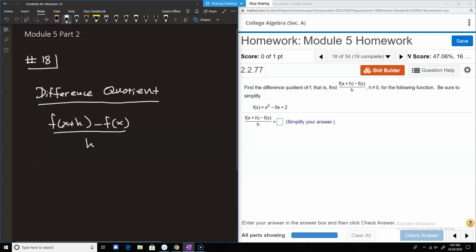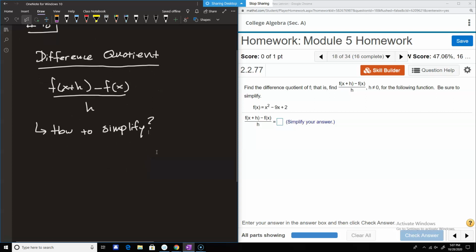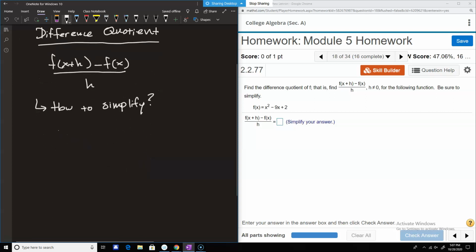And how to simplify, because usually that's what they're asking you to do. They have the instructions here where they say simplify. What that means is essentially we want to eliminate the h in the denominator.